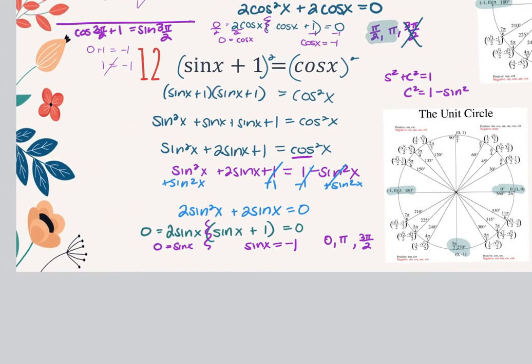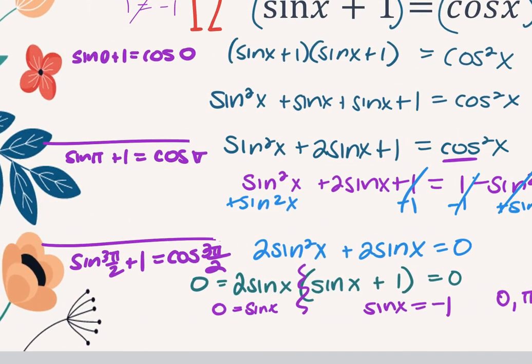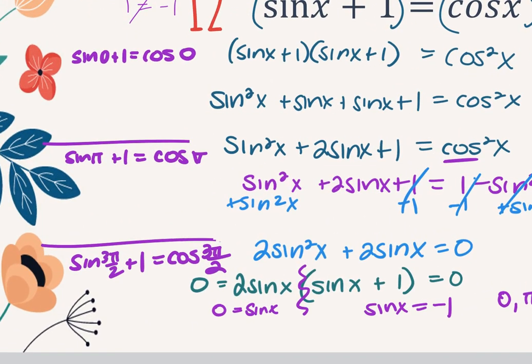Then I check them. So I'm going to plug them back into the original. So sine of 0 plus 1 equals cosine of 0. Sine of pi plus 1 equals cosine of pi. And sine of 3 pi over 2 plus 1 equals cosine 3 pi over 2. Sine at 0 is 0. Cosine at 0 is 1.